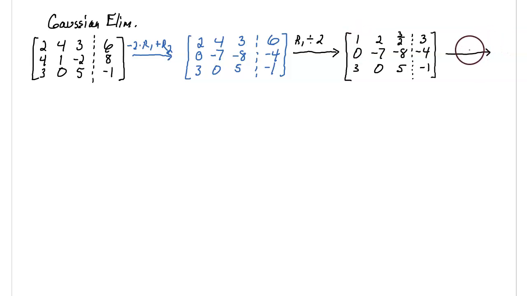My next row operation is going to be -3 times row 1 added to row 3 to create a new row 3. And I'll write the result over here.